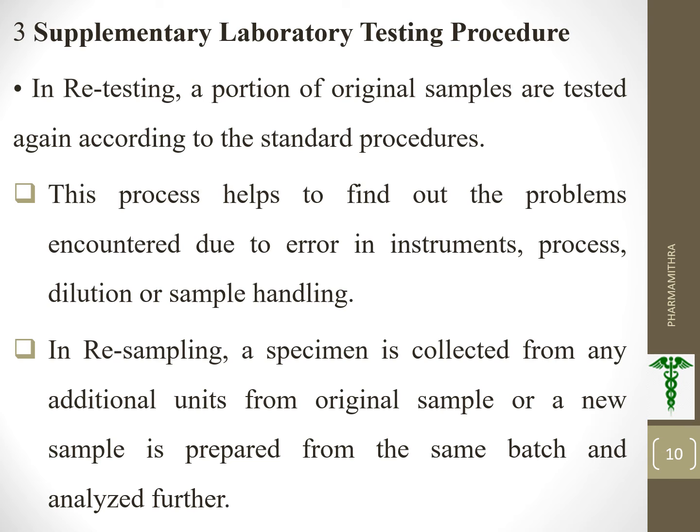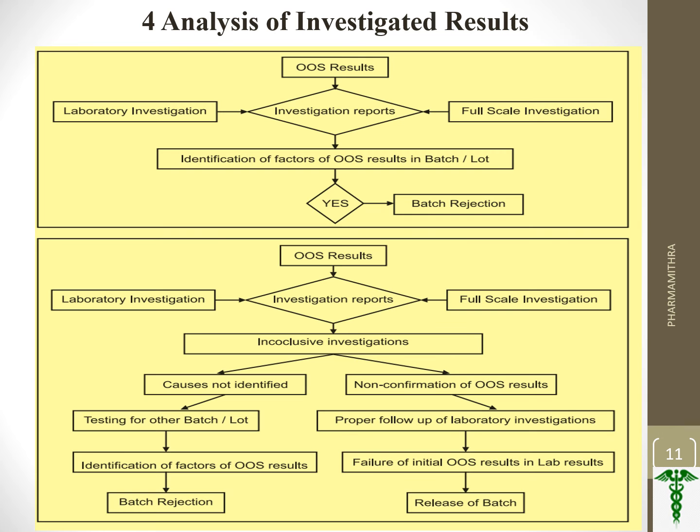In resampling, a specimen is collected from an additional unit prepared from the same batch and we do the same thing again. These are the two supplementary laboratory testing procedures to confirm the out of specification.